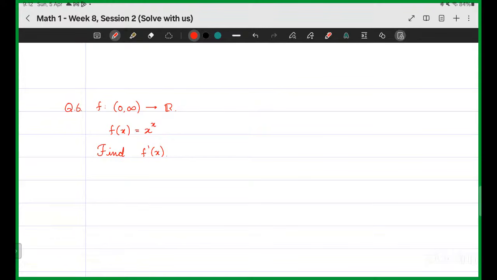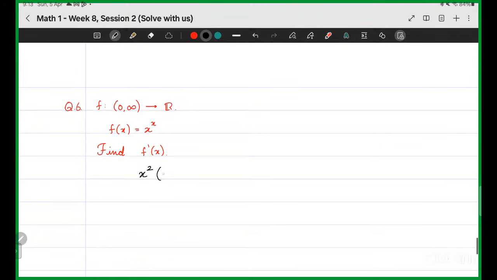So x square into within brackets log x plus 1. X square, x to the power x, within x square, within brackets log x plus 1. No, not x plus 1. x, log x plus 1, like different terms. I got x to the power x. So this is x square, is it? The term on the outside? Yes. No, sorry, sir, x to the power x. I'm so sorry.